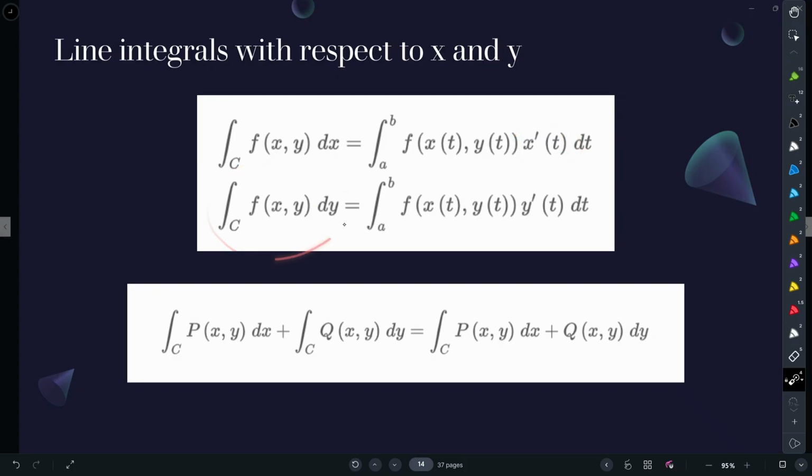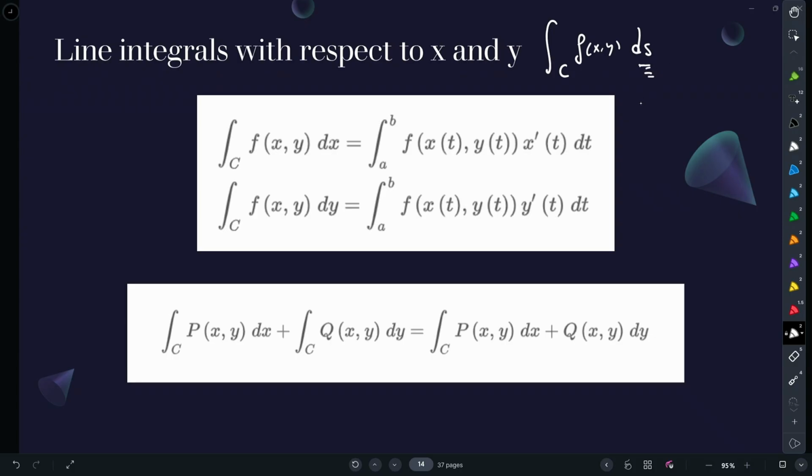If we're looking for the contribution from the changes in y, we do the same, but with y prime dt. We used to have the integral over C of f of x, y with respect to arc length.